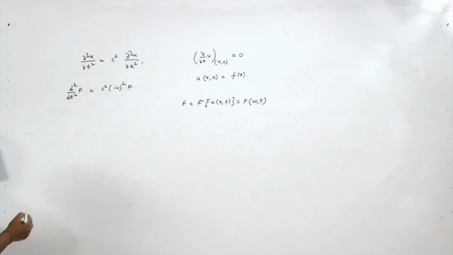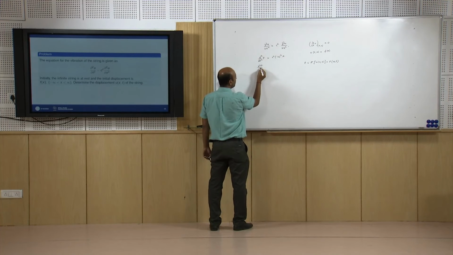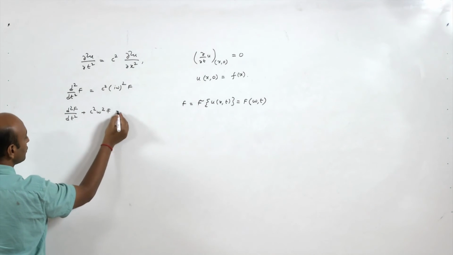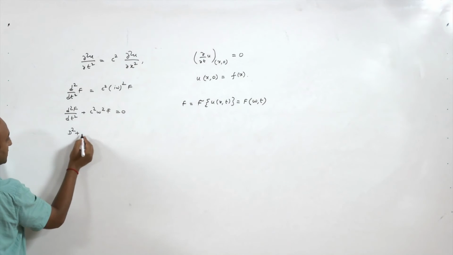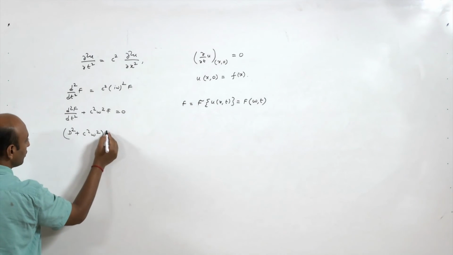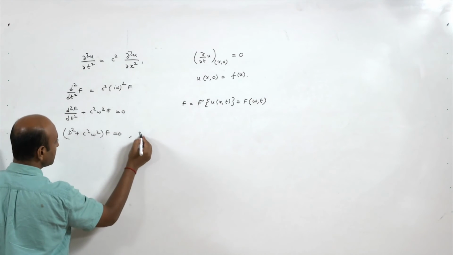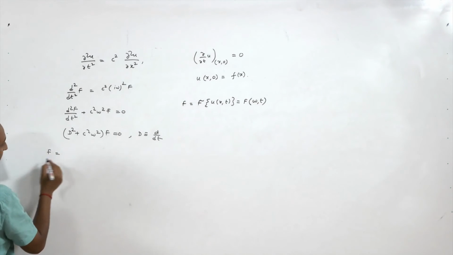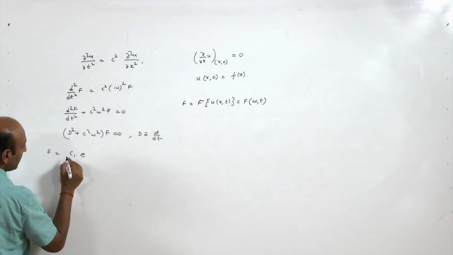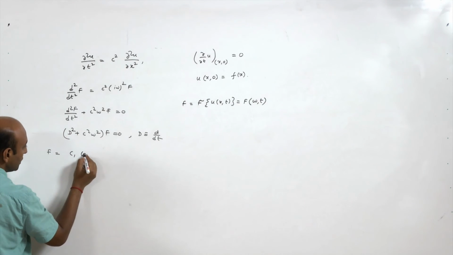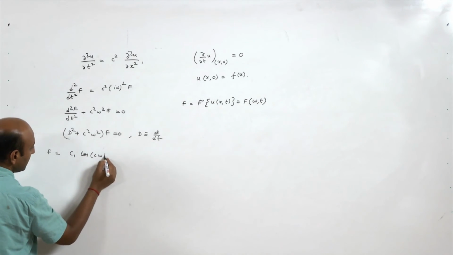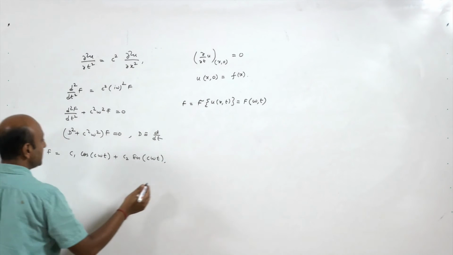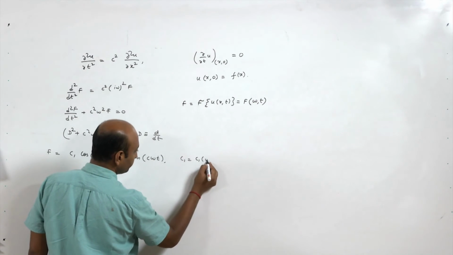When you simplify this to d square F upon dt square, and it is minus 1, so it is plus c square omega square F equal to 0. So, it is (D square plus c square omega square) F equal to 0, where D is nothing but d by dt. When you simplify this, we can obtain F as c1 cos(c omega t) plus c2 sin(c omega t). Again c1 and c2 are functions of omega.